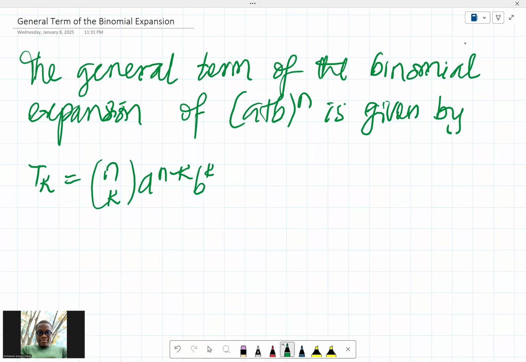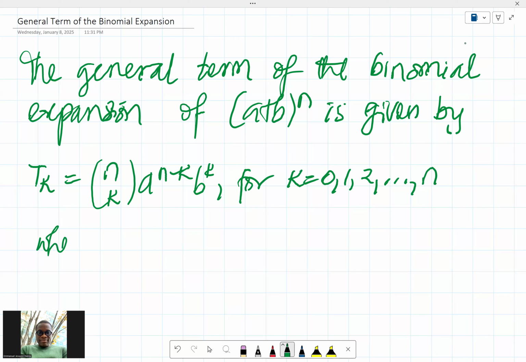So the general term simply means that you can jump to a particular term. This is not the series itself. This is just how to determine each term of that series. And this holds for k equals 0, 1, 2, and so on until you get to n.